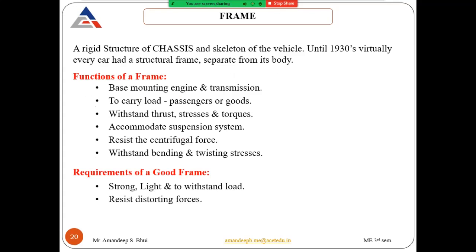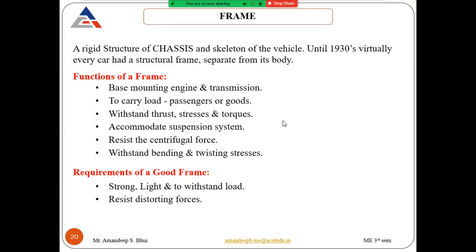Next is, what is a frame. Now, a frame can be defined as a rigid structure of chassis and skeleton of the vehicle. Until the 1930s, virtually every car had a structural frame separate from its body.